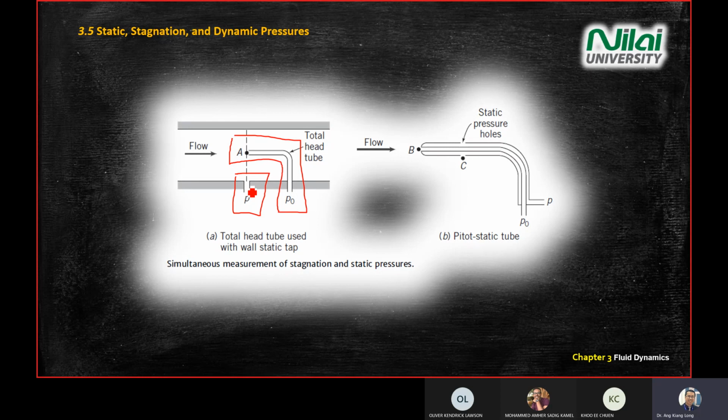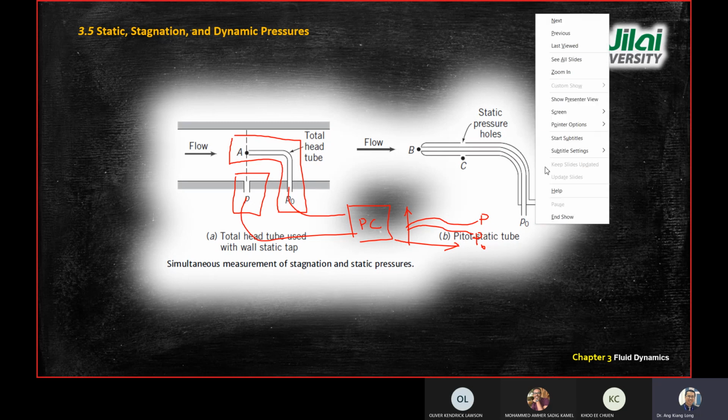If you have a hole on the side, it means static pressure. You channel these two readings to your DAQ system or your computer, and then you'll see two readings there. One is for static pressure, one is for your stagnation pressure.